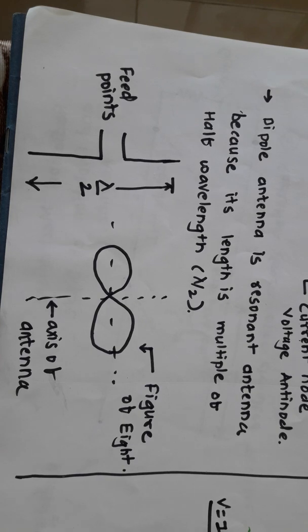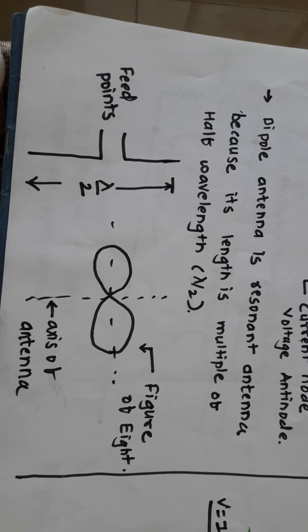So this is all about the half wave dipole antenna. I will repeat once again, a half wave dipole antenna has a length that is half of the wavelength, lambda by 2. We have also learned the terminologies regarding current node and voltage node.